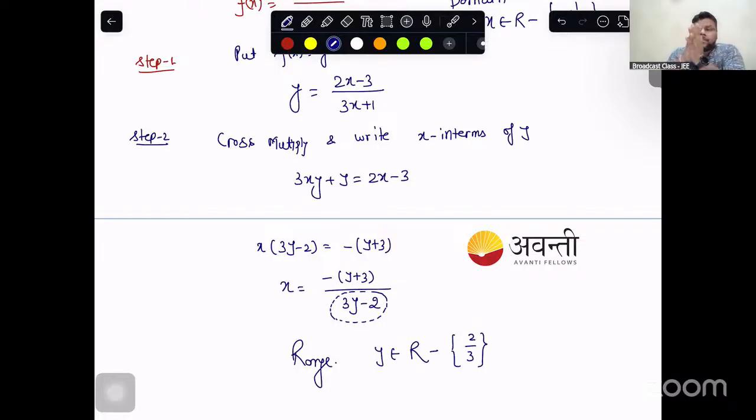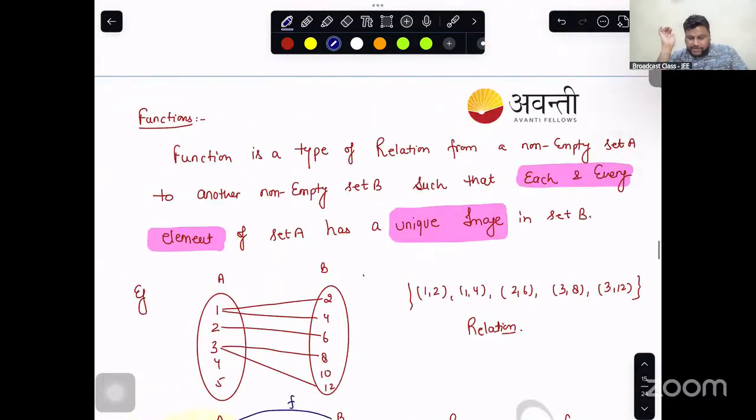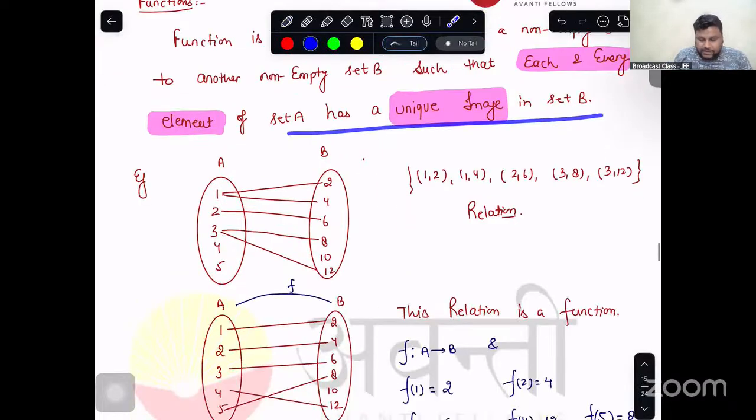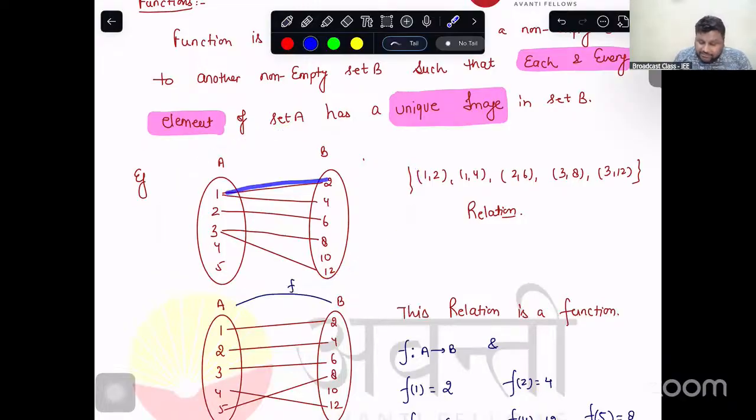Understood? So let's keep a pause here only for today. And let me revise things for you first. So we started with function. A function is a type of relation from a non-empty set A to another non-empty set B, such that each and every element of set A has a unique image in set B. I told you this is the mapping of a relation only, because element 1 is having multiple images, element 3 is having multiple images, elements 4 and 5 are having no images.